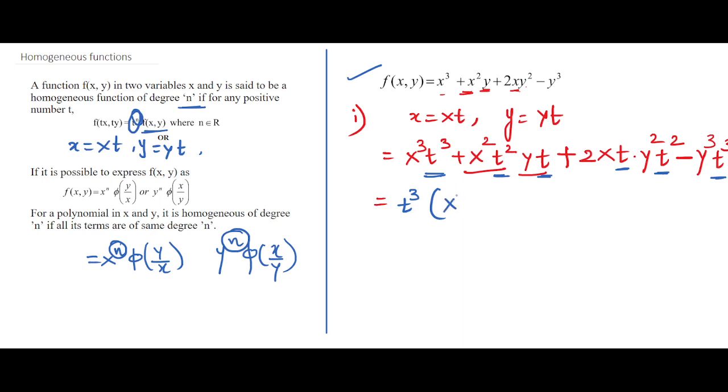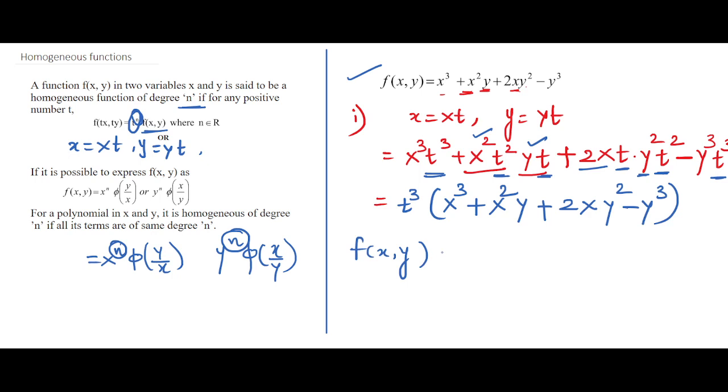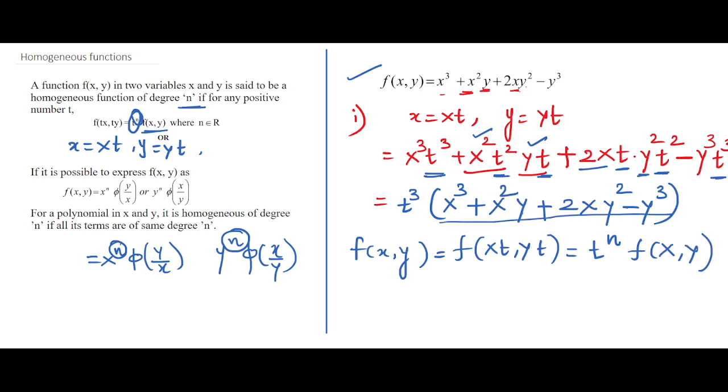It is left with x cube plus x square y plus 2xy square minus y cube. So we have obtained the form t raised to n f of x, y, the same function again.